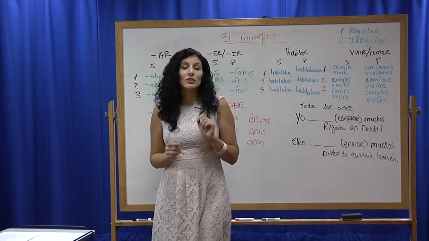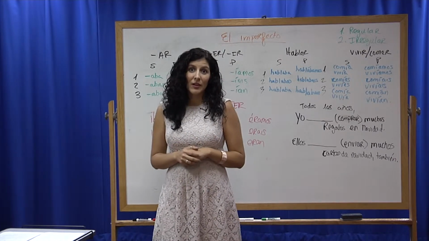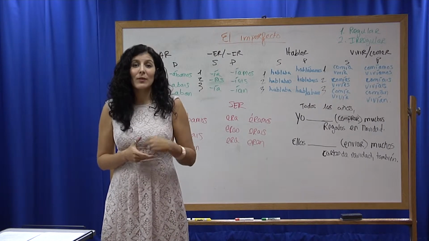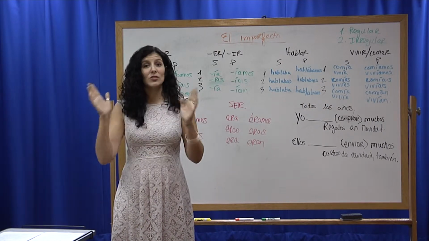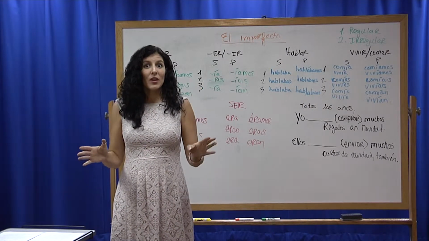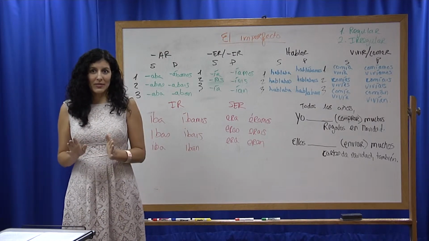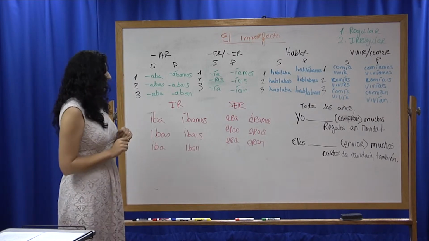There are actually only 2 forms of the irregular that we will learn in the process of this course. So you only have to memorize 2 irregular imperfect verbs, and then you can just assume that all the other ones are regular. So what are the endings for the imperfect then? I have them written down here for us to take a quick glance at.